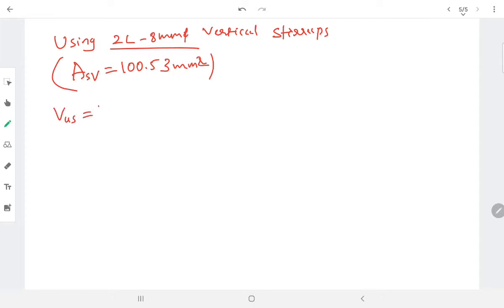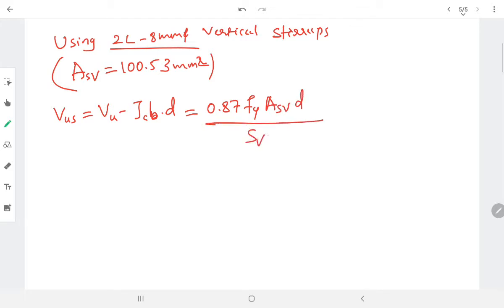So VUS equals VU minus tau C BD equals 0.87 FY ASV D divided by SV. Find the spacing. This is taken from IS 456 page number 73.